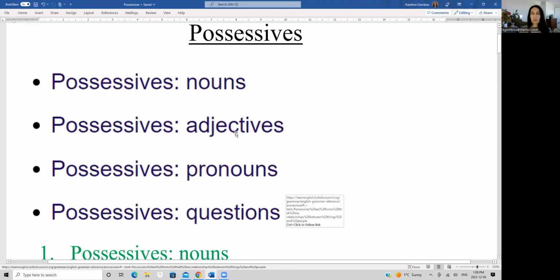Possessives in Arabic would be milkia: my car, your dog, her house, for example, their class, our children, their computers, for example. Okay, so today I will talk about possessive nouns and possessive adjectives.